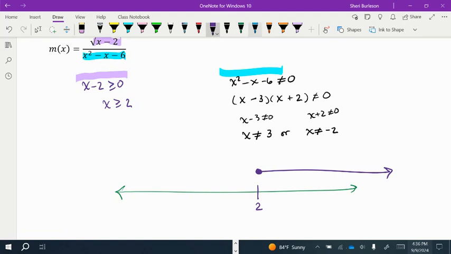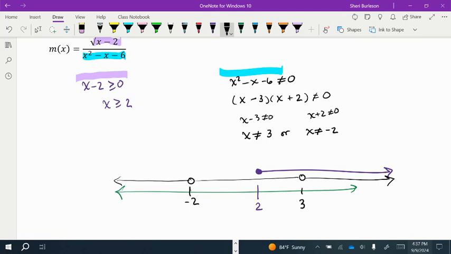Now, it also has to meet the domain for this blue highlighting, which I wrote in black. So now I have -2 and +3. So these are excluded, and the domain here is everything except those two values.